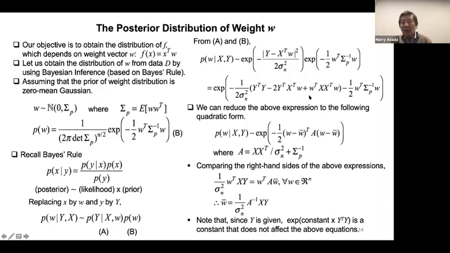Then we can put together these two and create the matrix A, which picks up X X transpose divided by sigma n, and here is sigma p inverse, which is the original covariance of the W itself. We put it together and define the matrix A, which is the key part of this quadratic form.